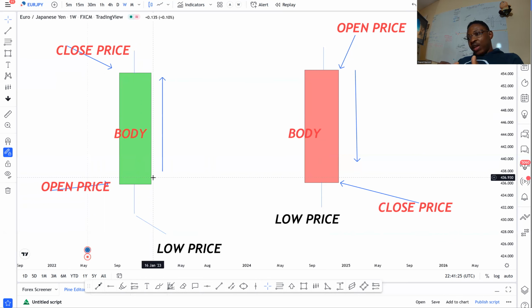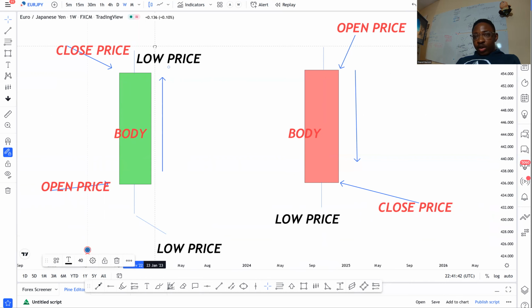If we went anywhere else aside from the open and the close, we need to also record that. And that is why we call it a wick. The lowest point of the wick is called the low price. And here it is the same thing. And the highest point of the wick will be called what? High price. So this will be the high price.